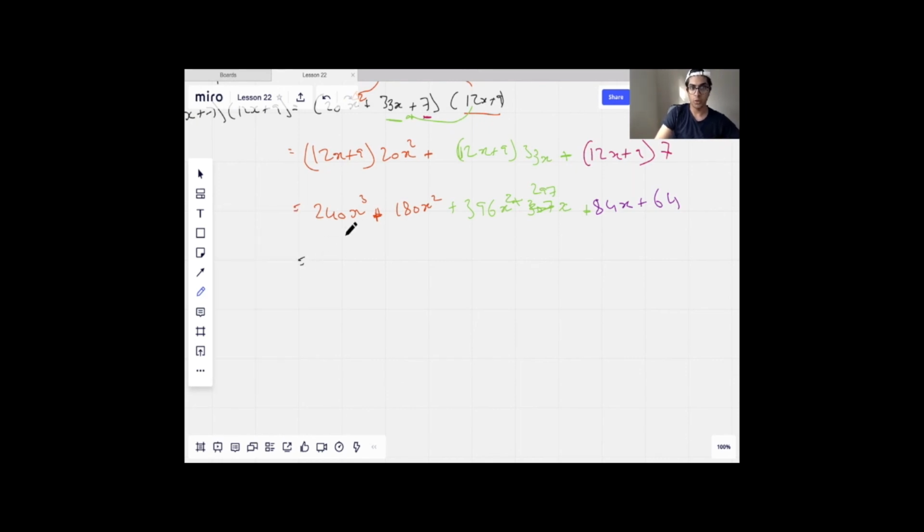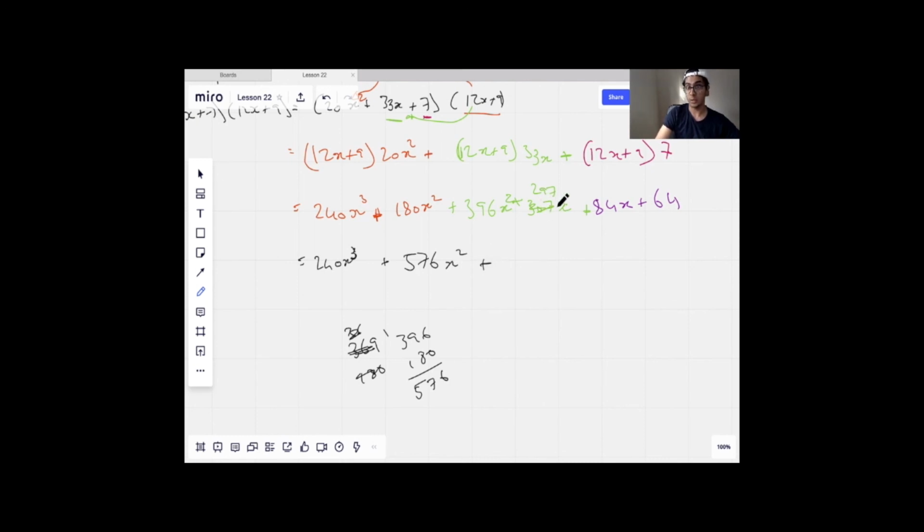So 240x cubed will stay the same. And then we have to collect the x squares. So 180 plus 396. My mental math is not good enough for that, I'm afraid. See, look at that. 396 plus 180. 6 plus 0, 6, 9 plus 8, 17, carry the 1, 3 plus 1 plus 1, 5, so 576x squared.